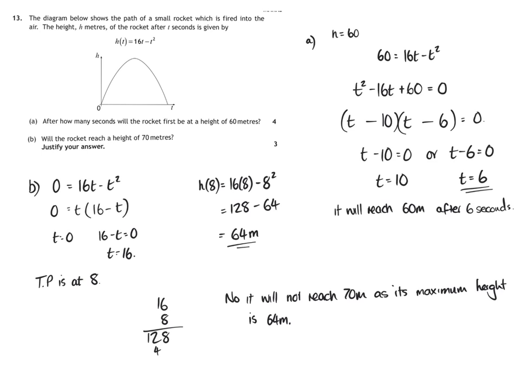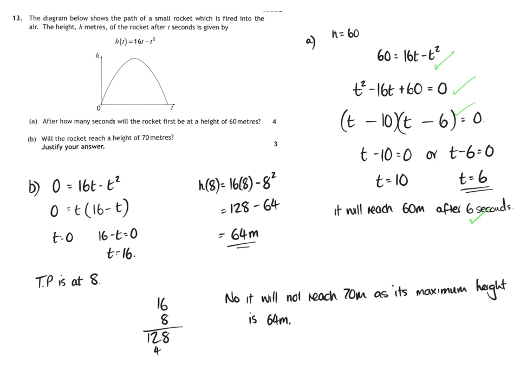Right, so going through the marks for this question. For part 1, you get 1 mark for knowing to set the height as 60, 1 for rearranging to equate to 0, 1 for factorising correctly, and then 1 for solving it and selecting the correct value. So making sure that you've said that it's 6, not 10.